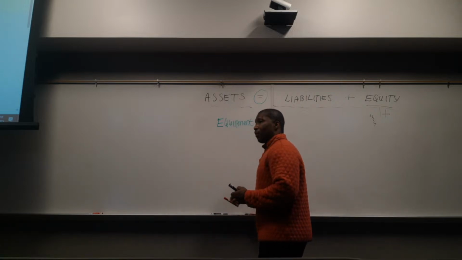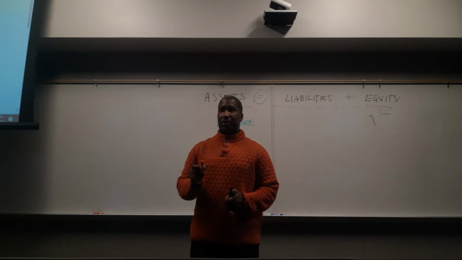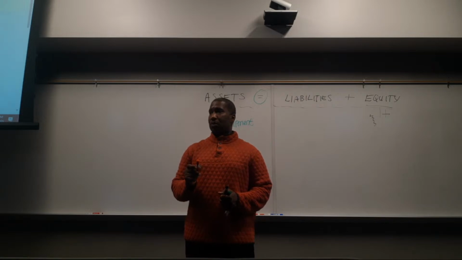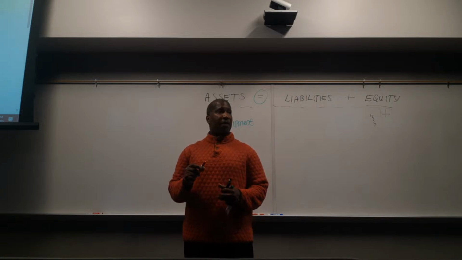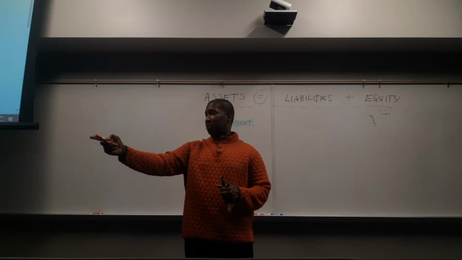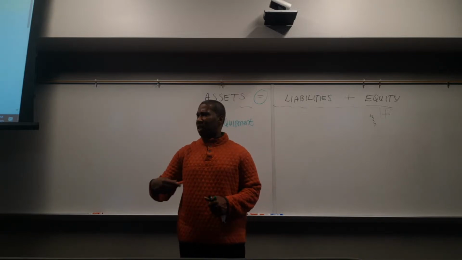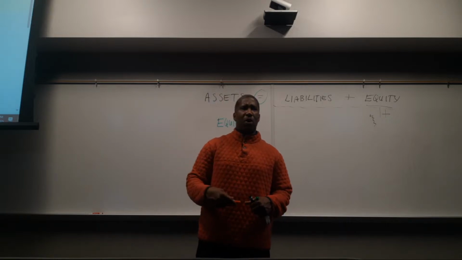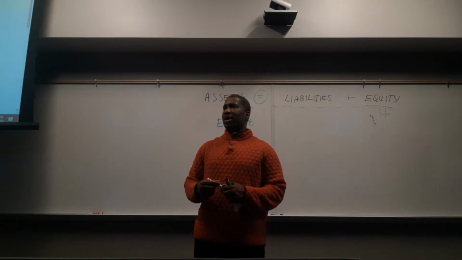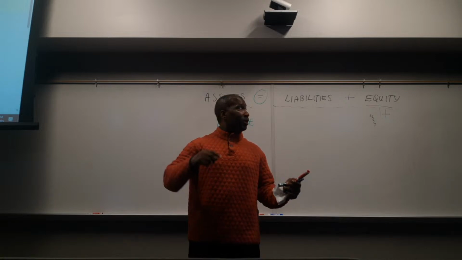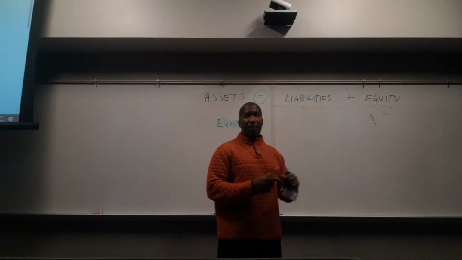Now, are we paying for this equipment with cash? No. We're paying for it what? Use these words right here. On account. I want to get used to seeing it, okay? So we're paying for it on account, which means I have accounts payable, which is a liability, okay?